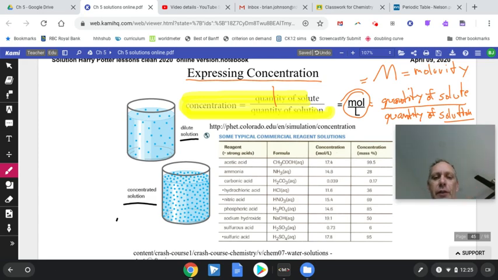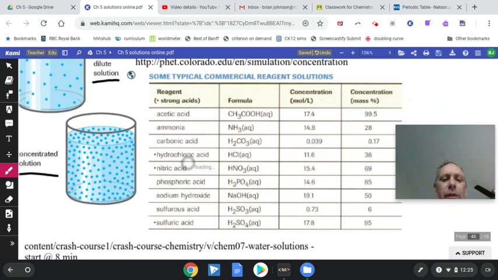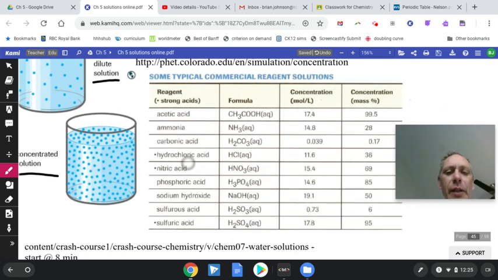This chart gives you some common concentrations of some different common substances. Most of them are acids. So vinegar or acetic acid, its common concentration is 17.4 moles per liter, or when you buy it in the store, it's 99.5% pure.